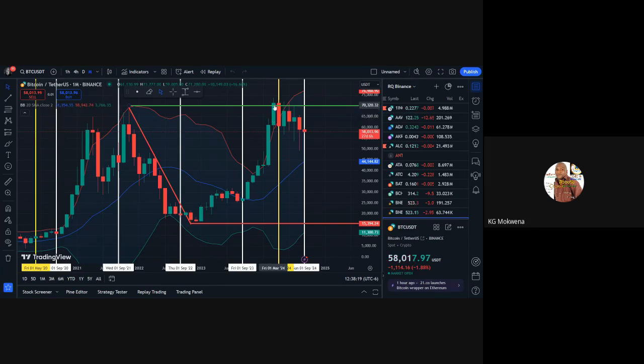Bitcoin price hit and broke above 69,000 US dollars. It went up to the price of 73,000 US dollars. Before the halving, Bitcoin hit 73,000, and then halving happened the following month, which is April. We have seen it was on the 20th of April.